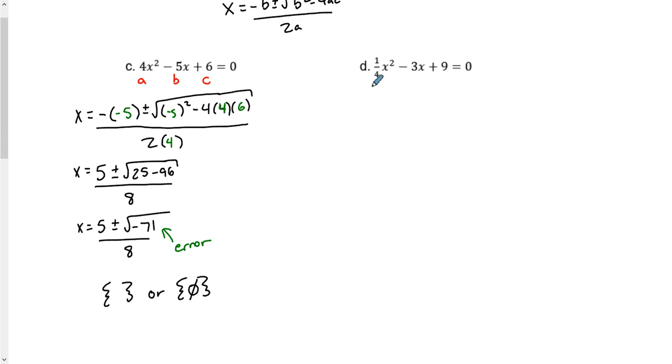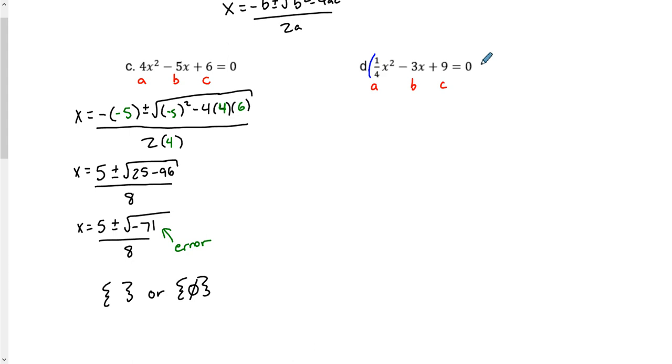All right, last example, a, b, and c. Now there's two ways of doing this. 1/4 is not that bad to use because it's 0.25. But what about if it was like 1/3? Well, you can't type enough 3s into your calculator to accurately put an a in where you need to put the a's. So what we can do is use one of our Foundations 10 skills. Get rid of our fractions.